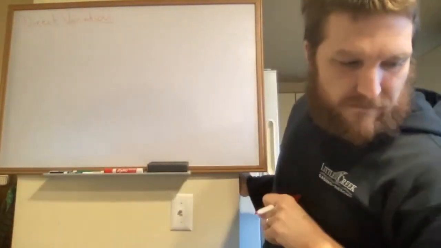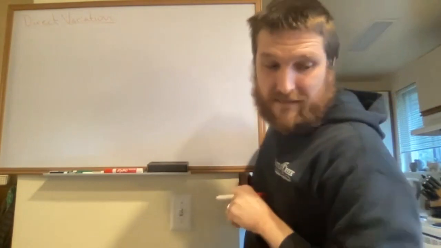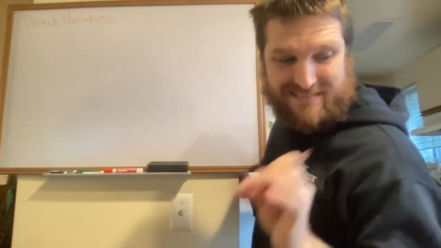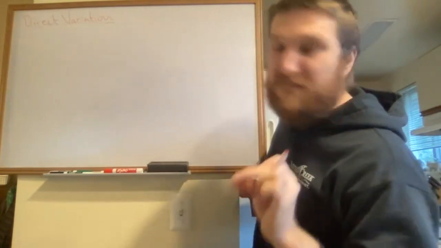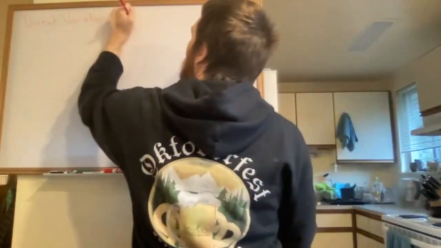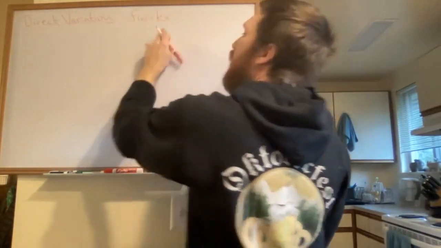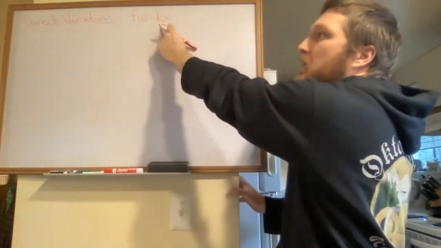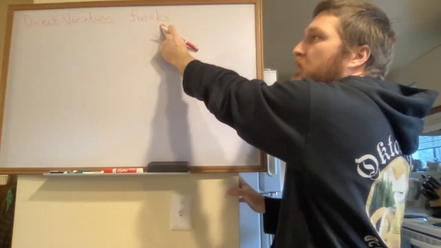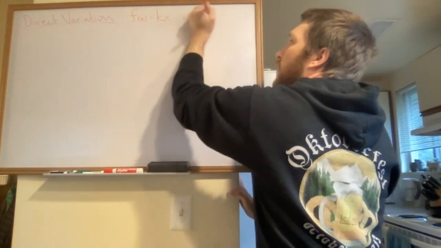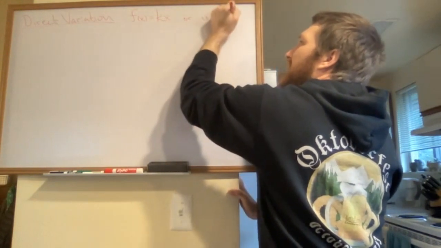And direct variation is, well, I'm just going to read it right out of your book. It says, whenever a situation translates to a linear function, f of x equals kx, where k is some constant. We're using k here, or they also have y equals kx.